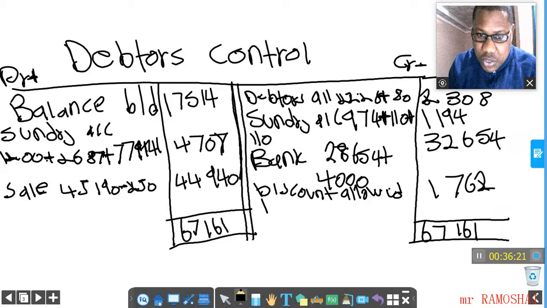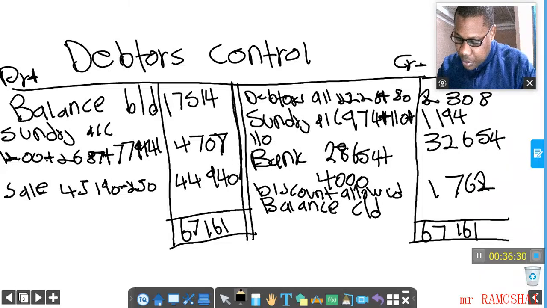So how much is going to be our balance carried down? We're going to say 67,161 minus 2,308 minus 1,194 minus 32,654 minus 1,762.